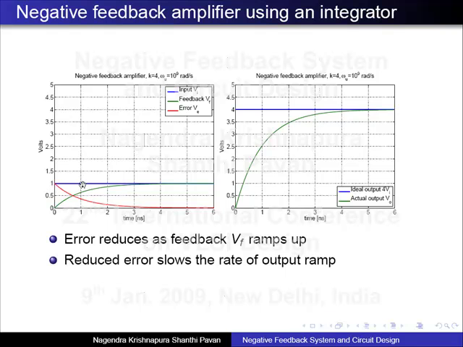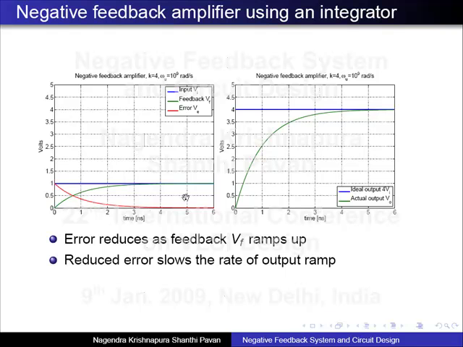If the input is this blue line, ideally you want, in this case I have taken a gain K of 4, the input is 1 volt, I would want the output to be 4 volts. But initially, let's say the output is 0. So that means that the feedback voltage is 0 and the output starts ramping up at a high rate.